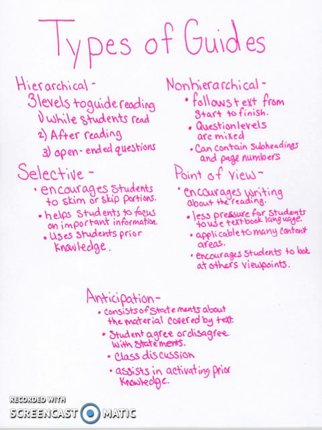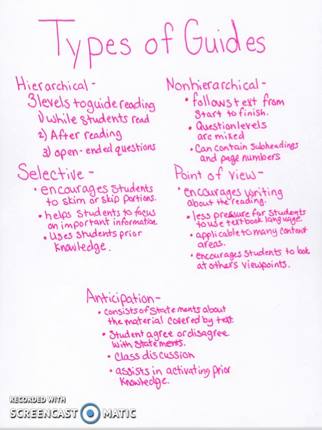And the non-hierarchical can contain subheadings and page numbers. So if you have subheadings in your text that they're reading, you can put those above those questions for that subheading. You can put page numbers by the questions. That way it really focuses them and they know where they really need to pay attention, because sometimes our kids really need that.